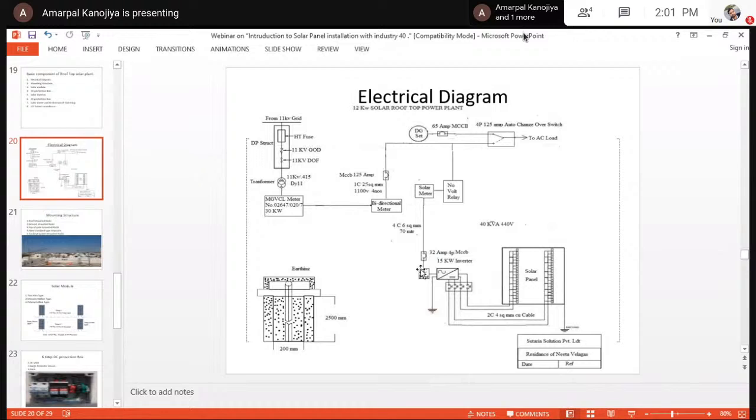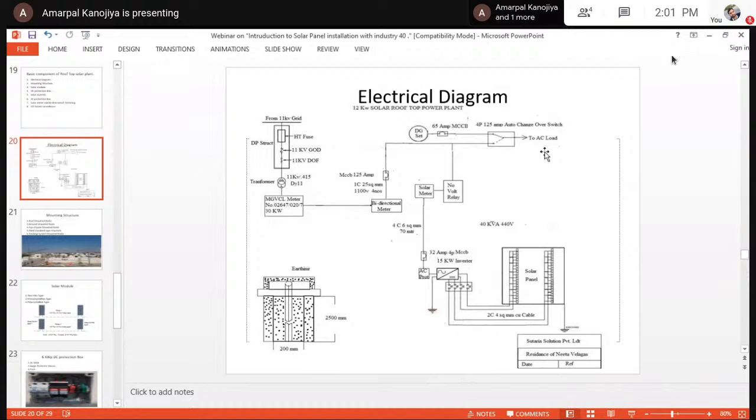Now this AC supply is going to this solar meter. This solar meter gives a reading of how much AC energy is generated from the solar power plant. Now this generated energy is going to the load. There is an AC load like your home.